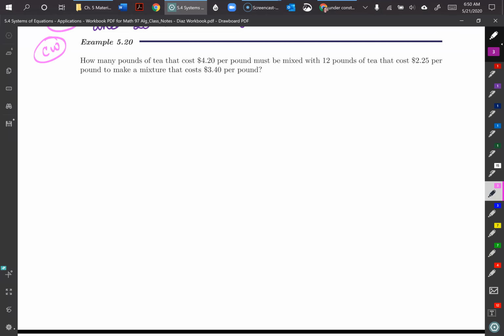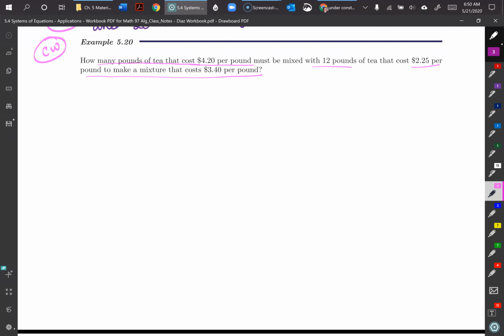How many pounds of tea that costs $4.20 per pound must be mixed with 12 pounds of tea that costs $2.25 per pound to make a mixture that costs $3.40 per pound? Okay, so it's a little bit different, what we do know and don't know, layout-wise, compared to the first problem.